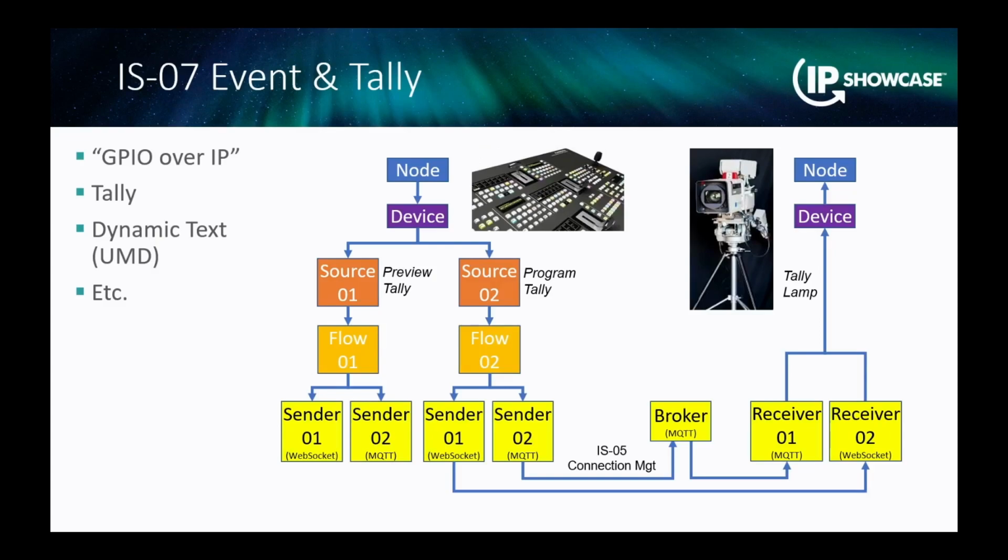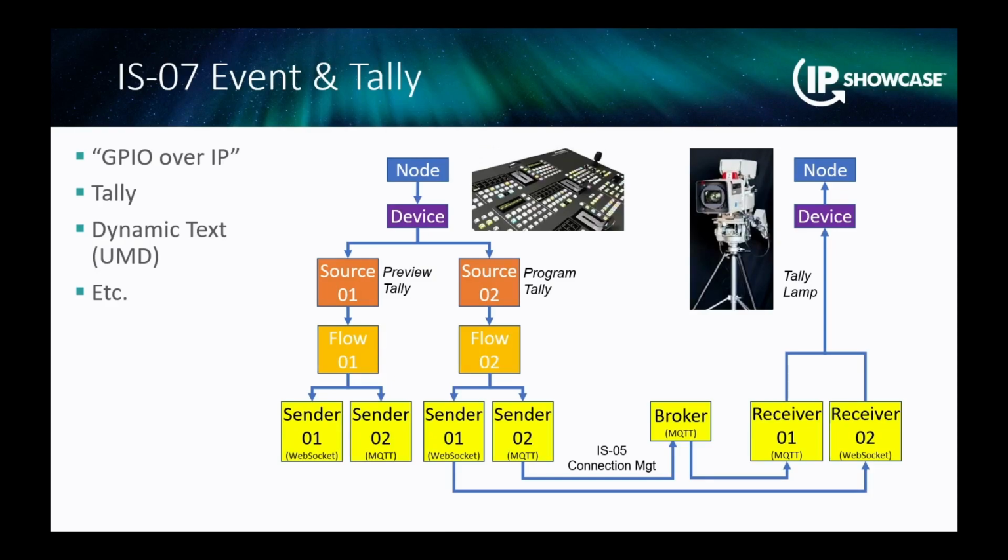So tally, for those of you that don't know, it's a way for your switcher to, for instance, tell your camera to light up the tally light on top that says I'm pointing this camera at a particular talent in the news set, and I've selected that camera so the news anchor knows where to look.